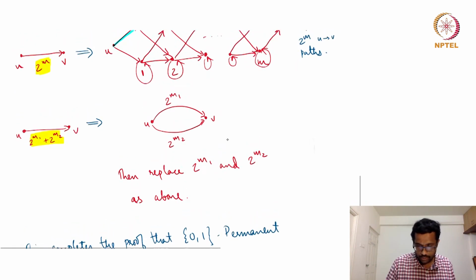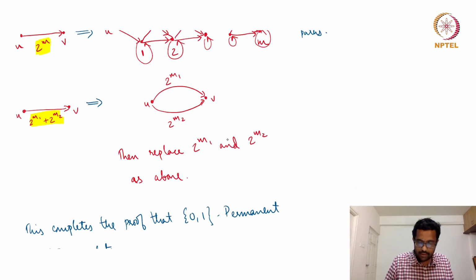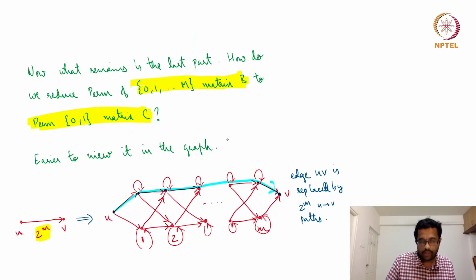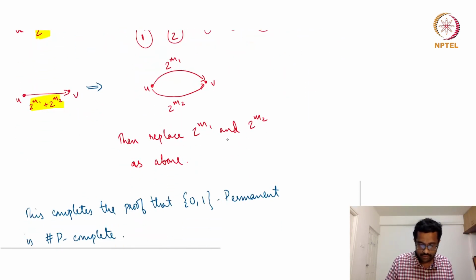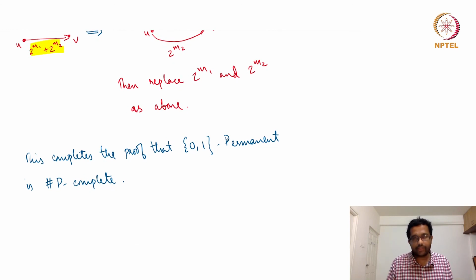I'm just talking in the graph setting, but all of this has a corresponding equivalent in the matrix setting as well. So this is how we can replace a matrix B which has 0 1 2 up to m values with a 0 1 matrix. Here both 2^m1 and 2^m2 will be replaced by a network that has only 0 1 weight edges, and that completes the proof.